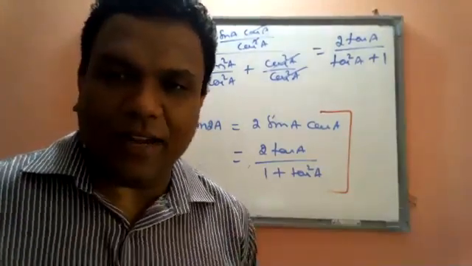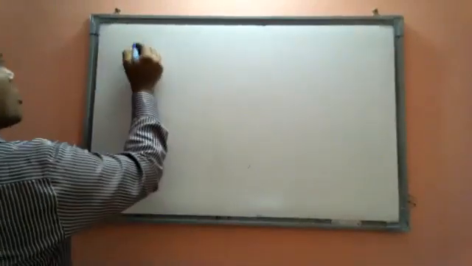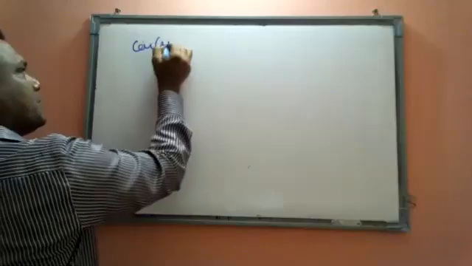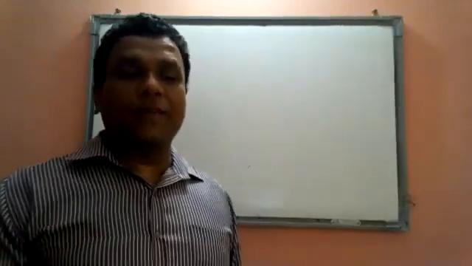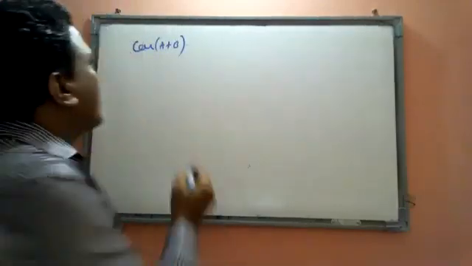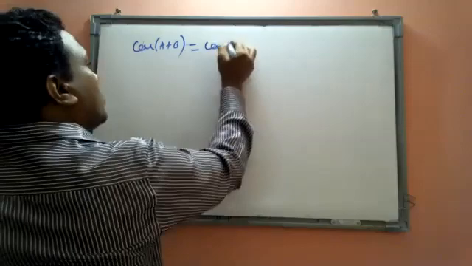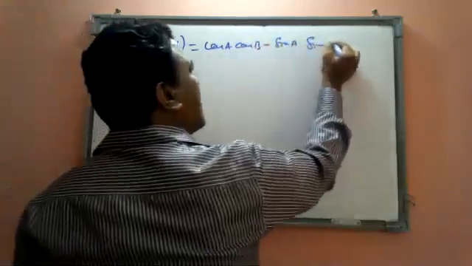Cos 2a, let's have a derivation. If I want sin 2a, I started with the formula of sin of a plus b. If I want cos 2a, start with the formula of cos of a plus b. Quite simple. Cos of a plus b equals cos a cos b minus sin a sin b.